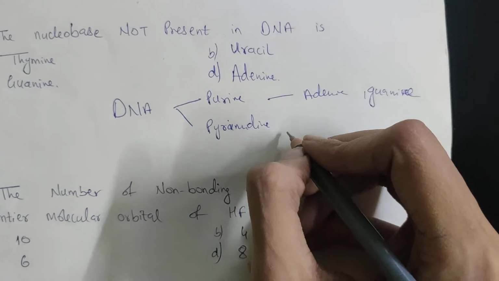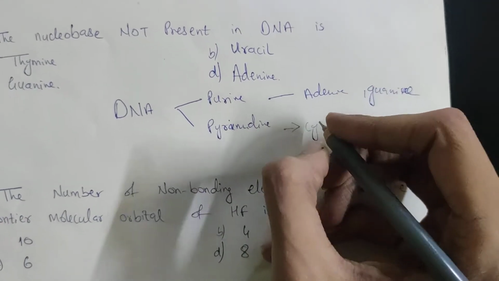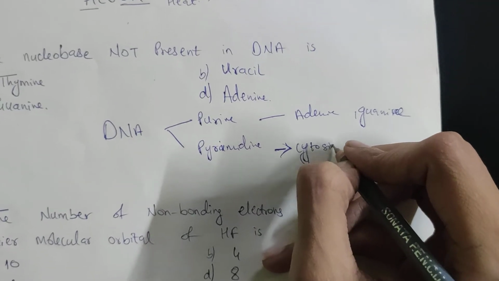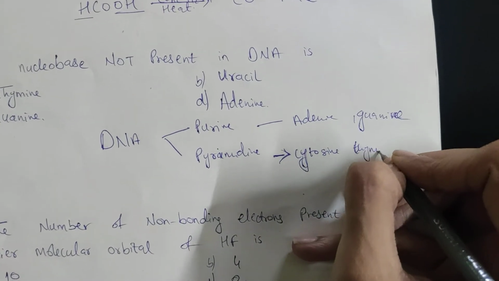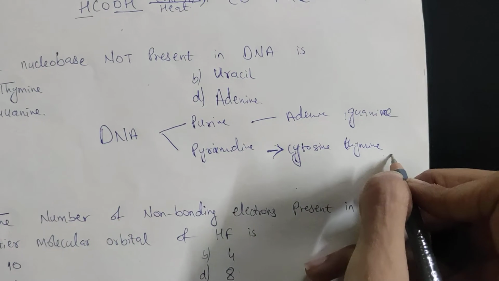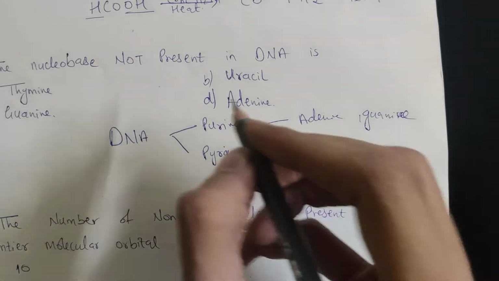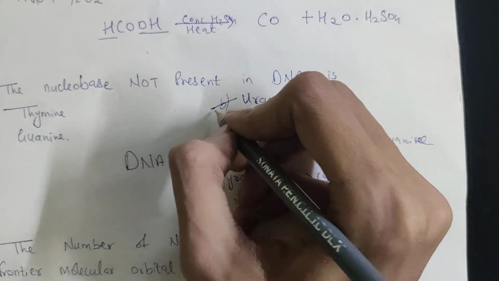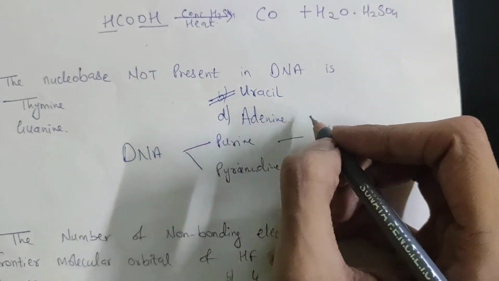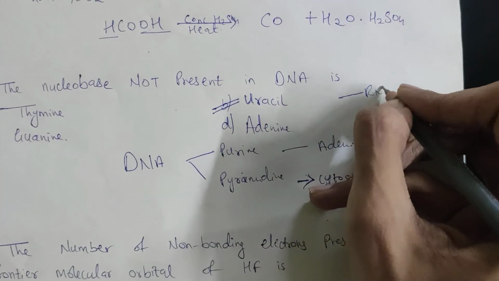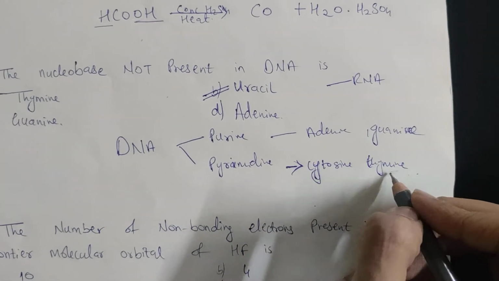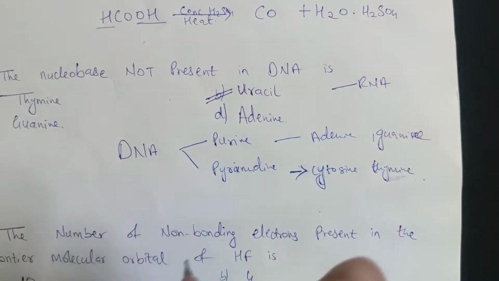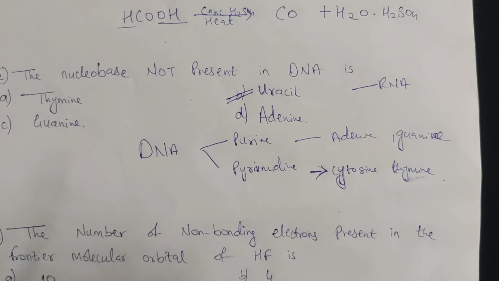And over here you have cytosine and uracil, no, not uracil, thymine. So you have ATGC. Now apart from ATGC, what you have is U. Now U is present in RNA and not DNA. In RNA, thymine is replaced by uracil. So that was your second question.